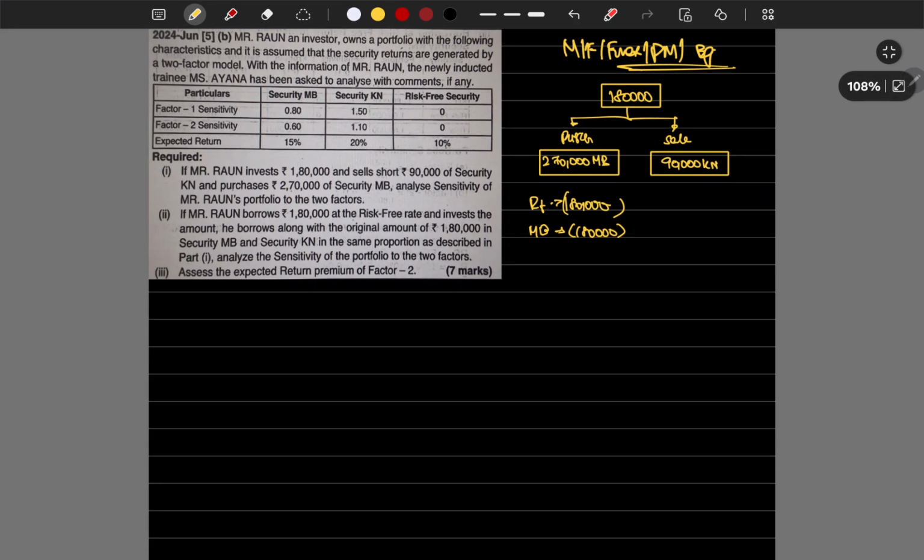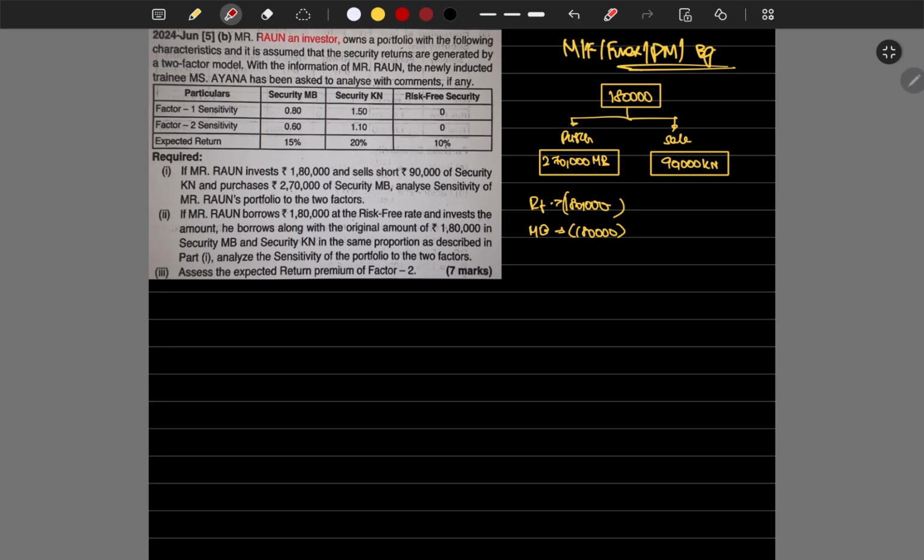We'll understand all these concepts very simply. If it comes, we can easily score 7 marks in the SFM paper. Okay, let's quickly read the question.